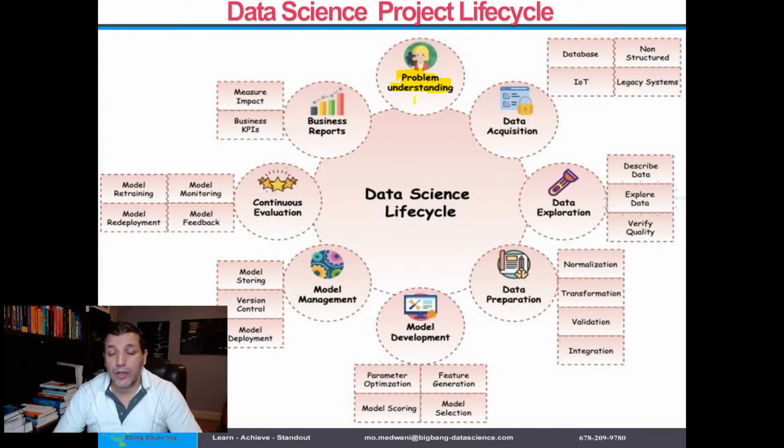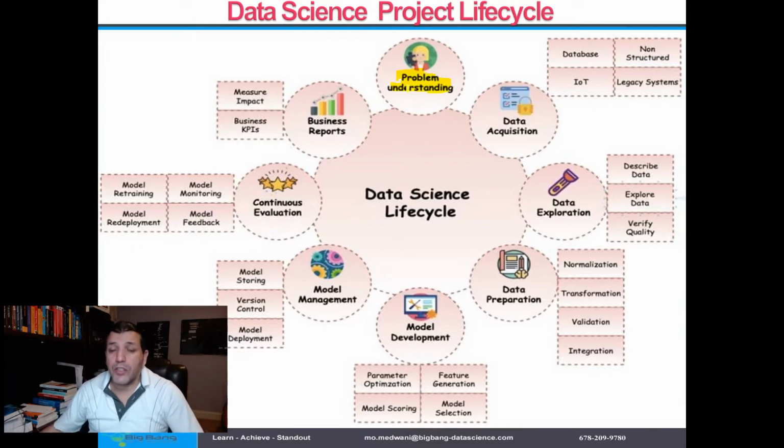It could take us a week, two weeks, a month, it doesn't matter. The more time we spend on understanding the data, understanding the problem, the better the solution that we are going to design. If you misunderstood the problem, most likely you are not going to design a solution.